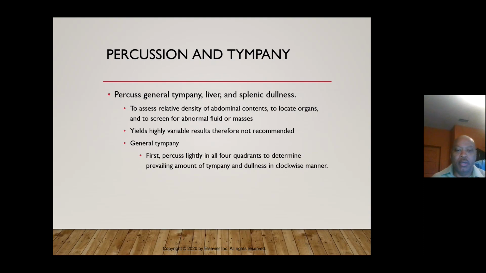The percussion also yields variable results, and so it doesn't really tell us whether or not the patient has hepatomegaly, an enlargement of the liver. So again, this is just not something that we really recommend a lot.